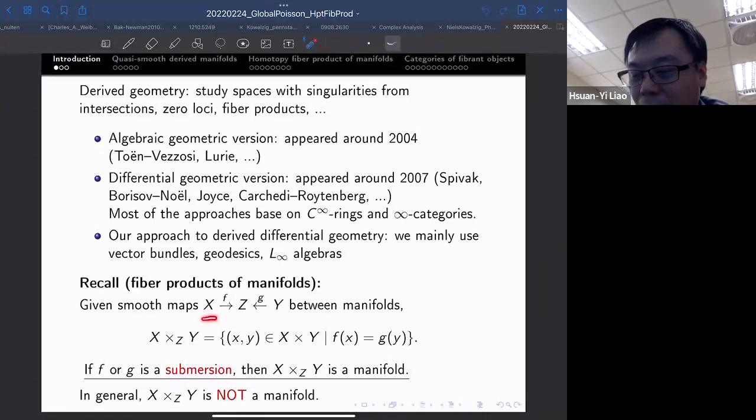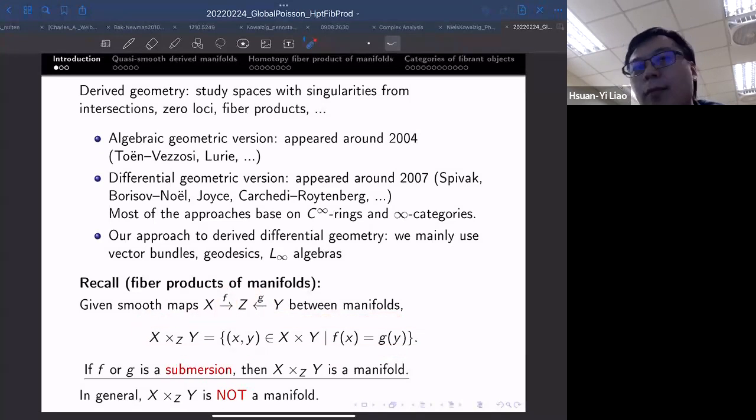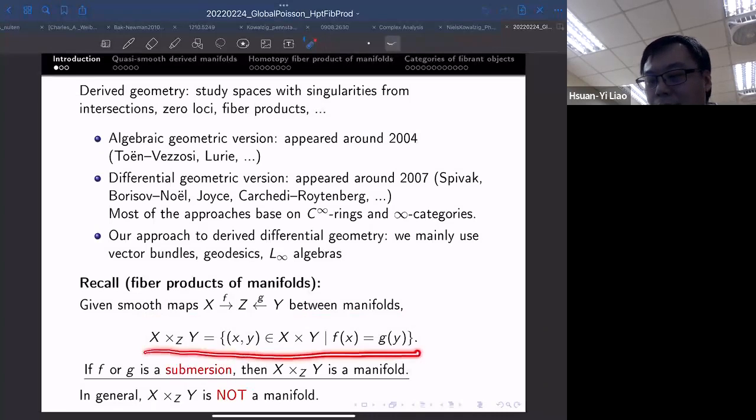Suppose we are given X, Y, Z, three manifolds, and two smooth maps, F and G. We can form the most naive fiber product like this. This is just the set theoretical fiber product. The problem is this space is not necessarily a manifold.